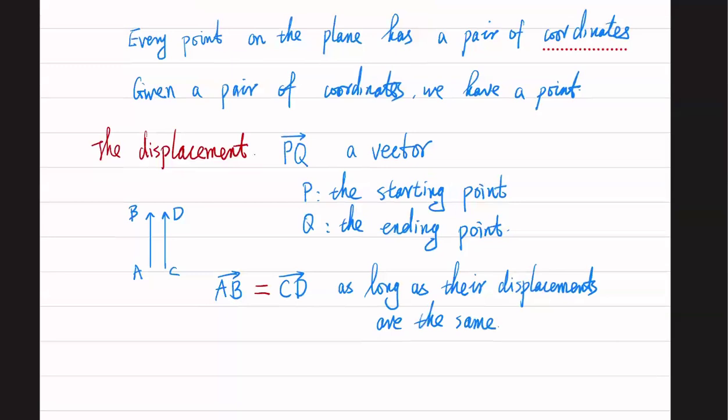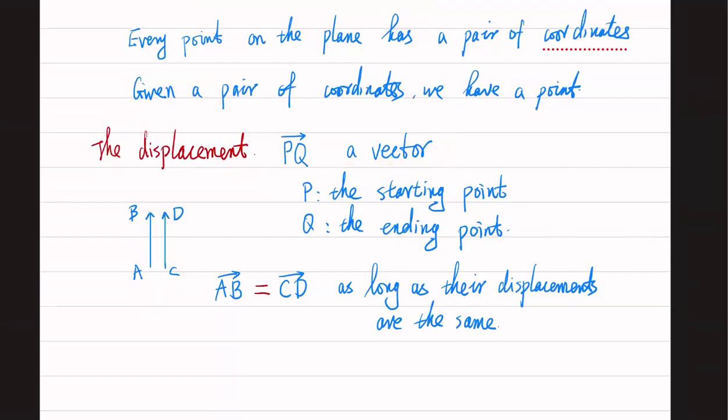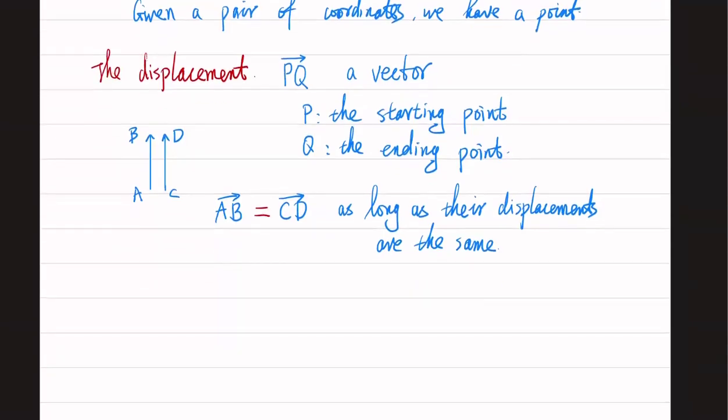Okay, so this is a property of vectors. It's only about the change. Where you start and where you finish doesn't matter. It's only about the change.